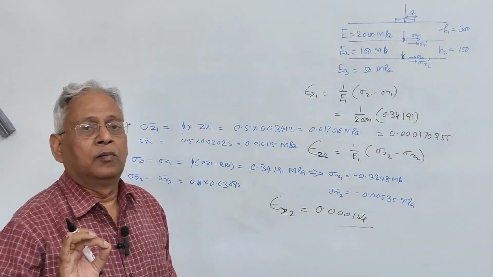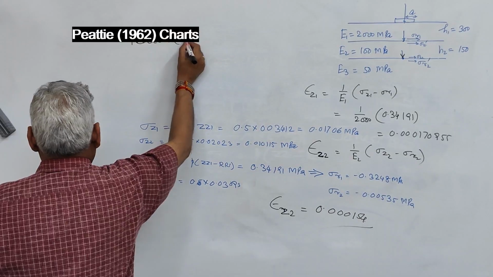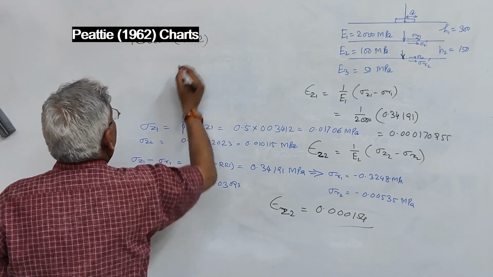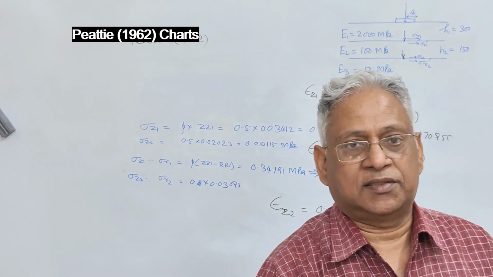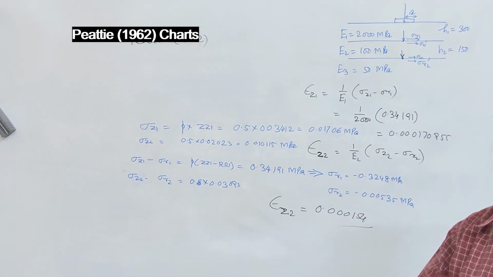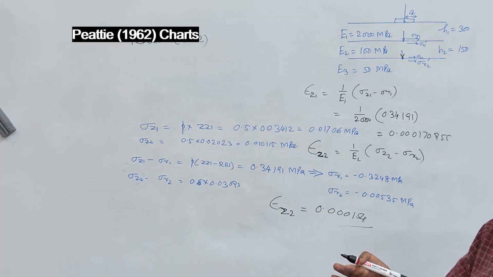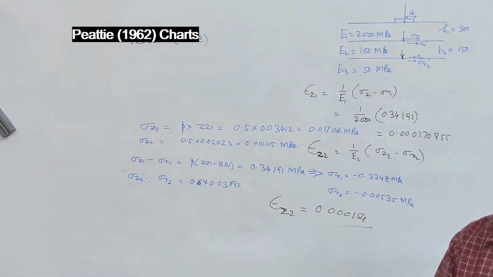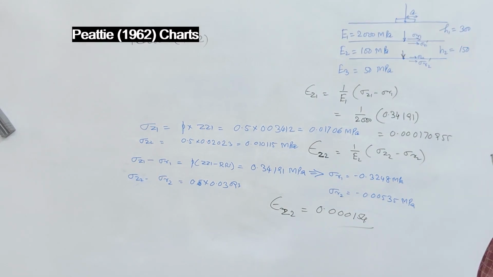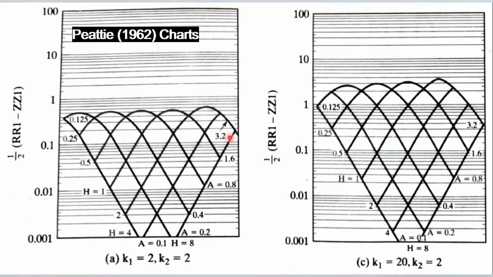To resolve this problem, PT in 1962 converted Jones table into charts so that interpolation is easier. You don't have to make many calculations, and these charts look like this. They have all these variables A, H, K1 and K2.